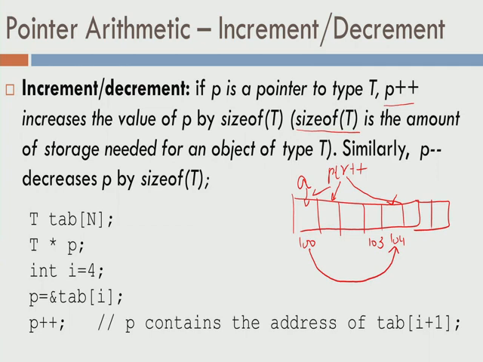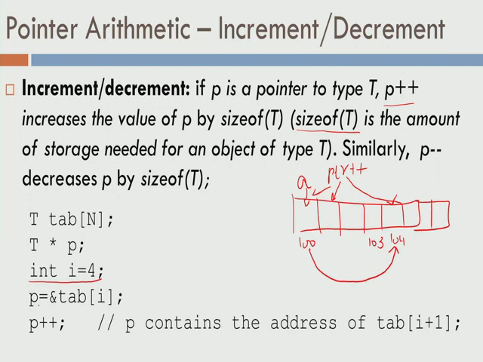So let us go back to the slide. If we have data type T, tab of n, and a declaration T star P, you can substitute T with int, char, float, whatever you want. T itself is not a valid data type. Let us say int i equals 4.